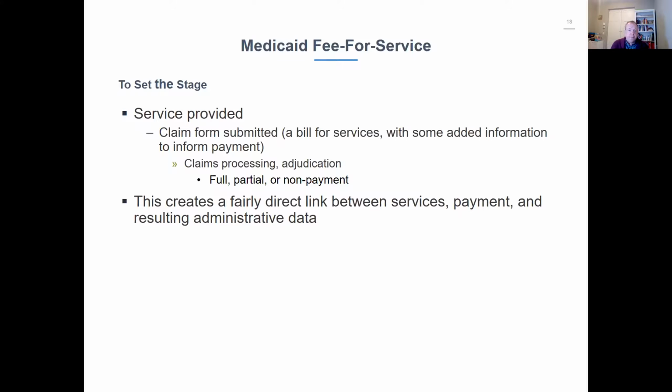That claims processing and adjudication process is a very linear process. There might be a full payment, a partial payment, or a non-payment. And so that creates a fairly direct link between the services that are provided, the payment that is decided, and the resulting administrative data that researchers would get their hands on.